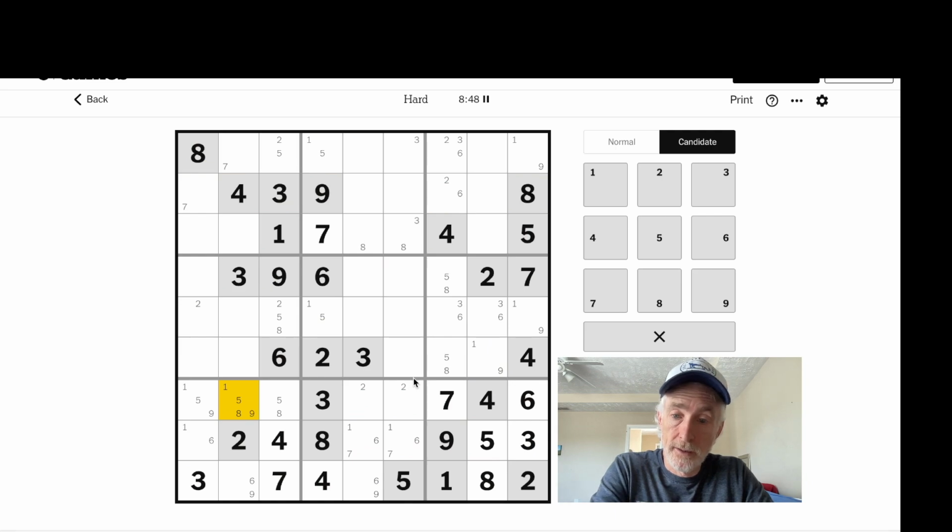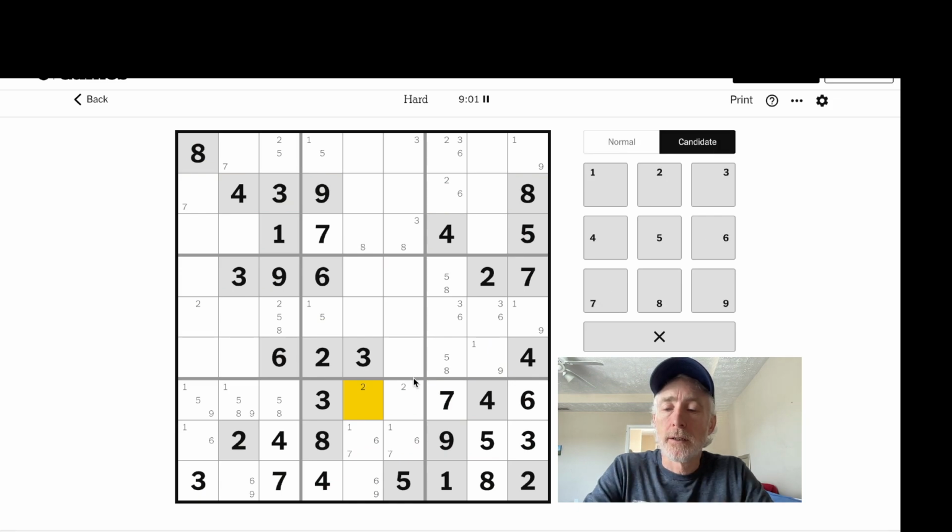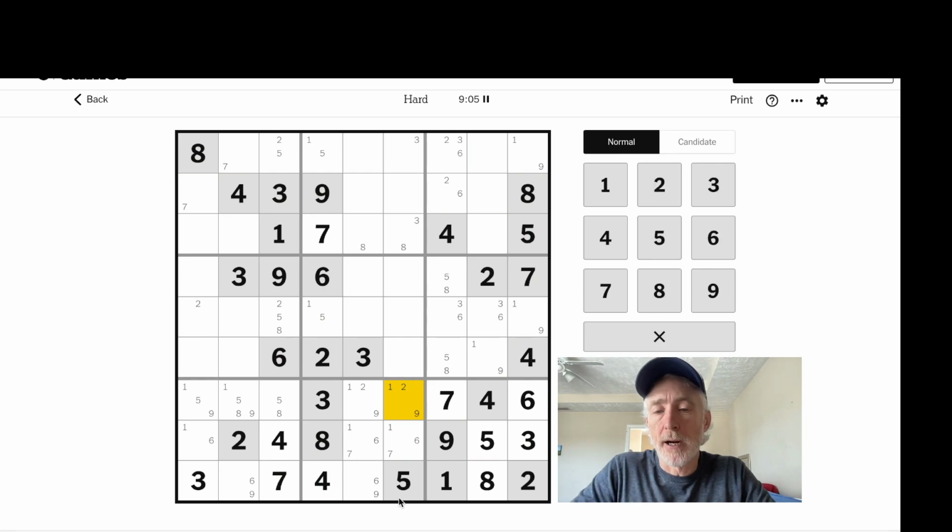Could be 9. That's not very helpful. 1, 2, 5, 8, 9. So these two cells are down to 1, 2, 9 because we have a 5, 8 in that box. So this entire band down here, there's not much that's helping us right now, but it's all marked up.